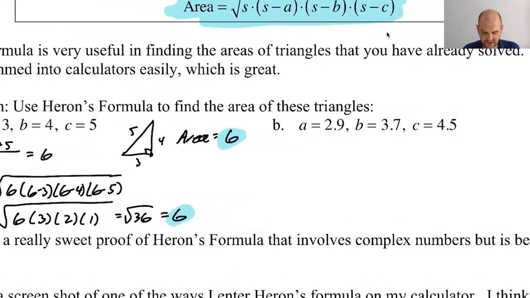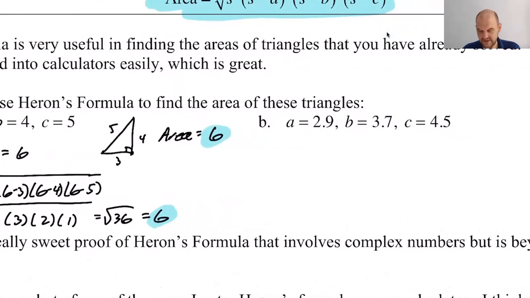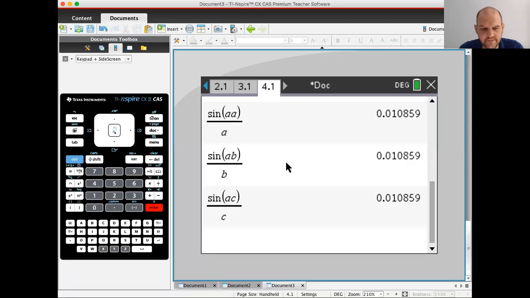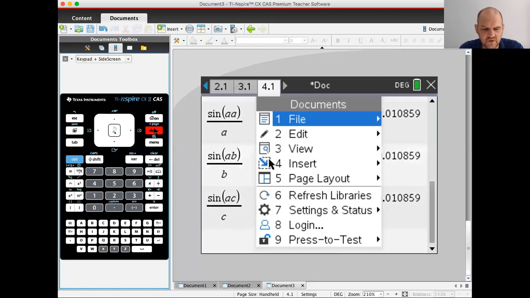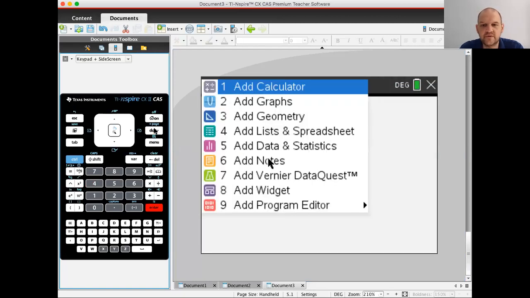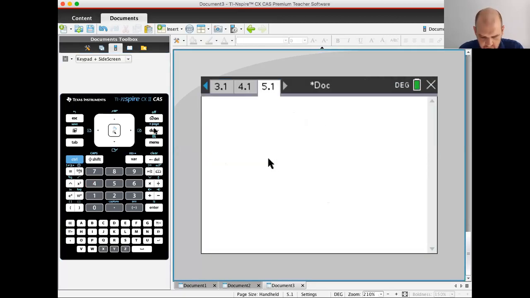So let's see if we can use a calculator to find the area of this. I'm not doing this by hand. I doubt I'd be able to, because at the end you probably get the square root of some crazy decimal. So let's go to the calculator. Let's do this the hard way, which, poor choice, but whatever. New problem. The hard way would be that I calculate S, which will be 2.9 plus 3.7 plus 4.5, divided by 2.